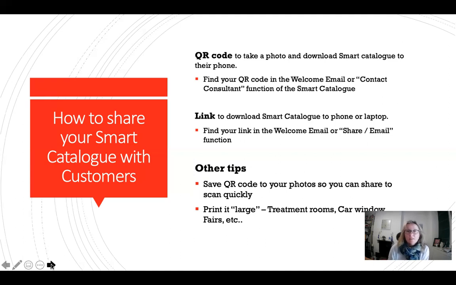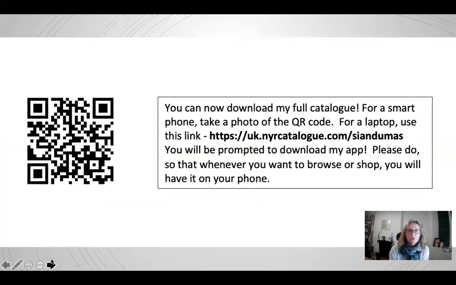So that link and QR code could go on its own in a sticker, but I think it's really helpful at this stage as we launch Smart Catalogues just to explain to customers what we want them to do. So I'm just going to share with you something that I started sharing with customers who were coming to online events, or that I posted out my wellbeing guide to.